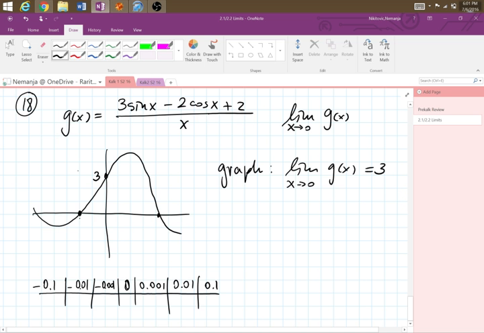Okay, so 3 sine x minus 2 cosine x plus 2, over x, function 1. So let's see.